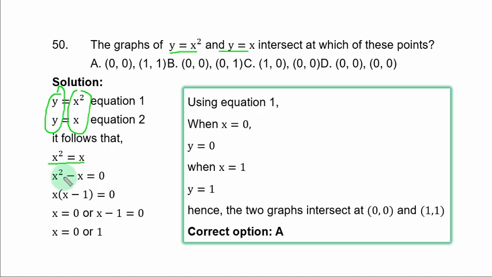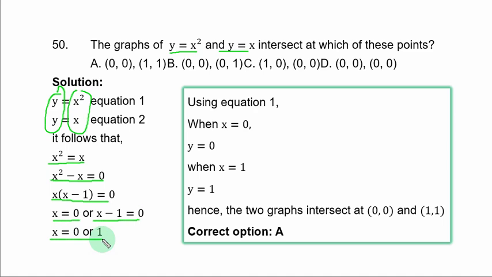If you rearrange, you have s squared minus s equal to 0. You factor out s, you have s bracket open, s minus 1 bracket close equal to 0. If you equate each factor to 0, you have s equal to 0, or s minus 1 equal to 0. Therefore, s is equal to 0 or 1.